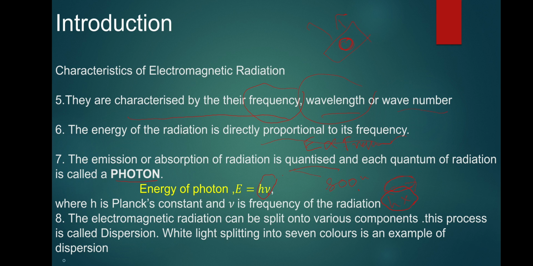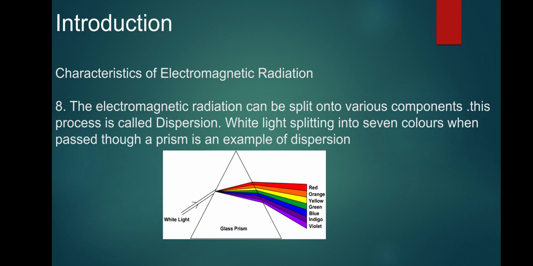That process we call dispersion. See, the electromagnetic ray splits into various components. This process is called dispersion. White light splitting into 7 colors is an example of dispersion.